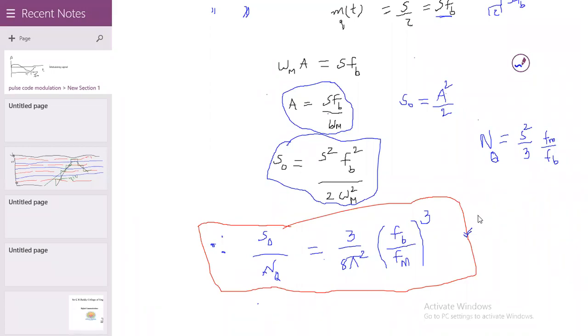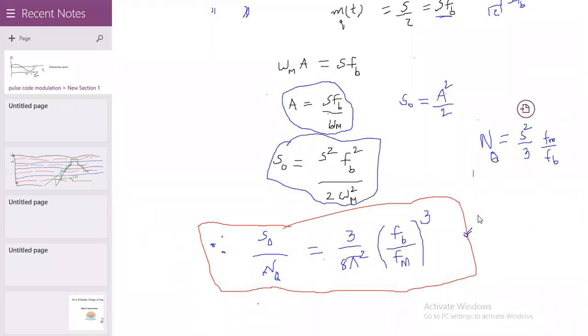So here in delta modulation, the S naught by NQ depends entirely on the bit rate as well as the frequency of the modulating signal. Whereas in PCM, it depends entirely on the step size, that is, the number of steps and the number of bits.